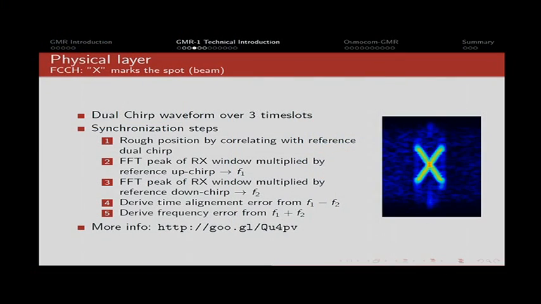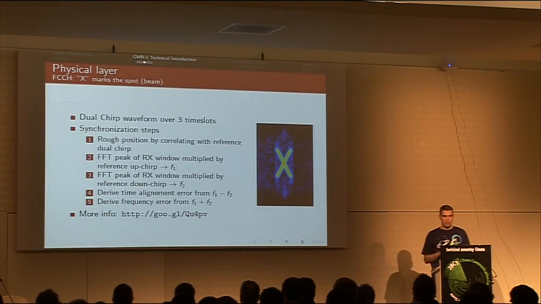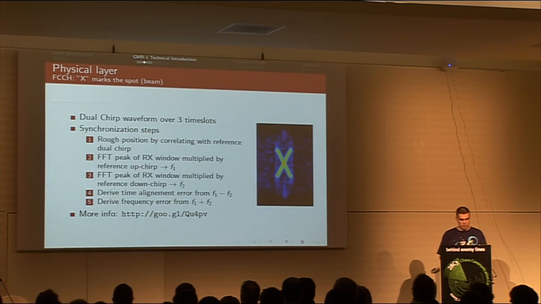And then you multiply that by a reference upchirp, so only the ascending part. You do the FFT, and you take the peak frequency of the FFT, you call that F1. You do the same for the downchirp. And kind of magically, the time alignment error will be proportional to F1 minus F2, and the frequency error will be proportional to F1 plus F2.